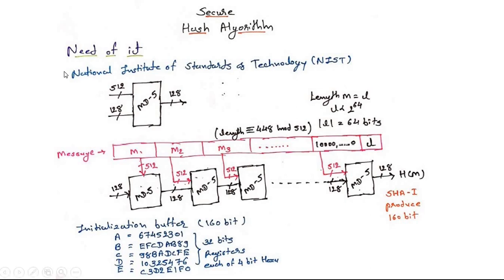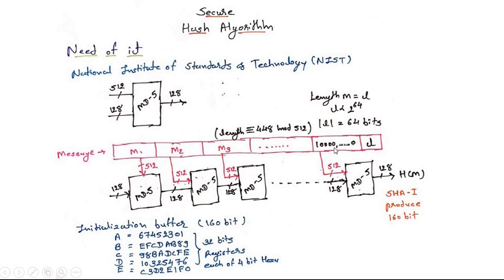So I hope you are able to understand the requirement of the secure hash algorithm. In place of MD5, whenever we put SHA1, it will generate a 160-bit output. The remaining structure will remain the same. Again you have to divide the entire message into a number of parts of the same size. In terms of 512-bit, you can also use 1024-bit.